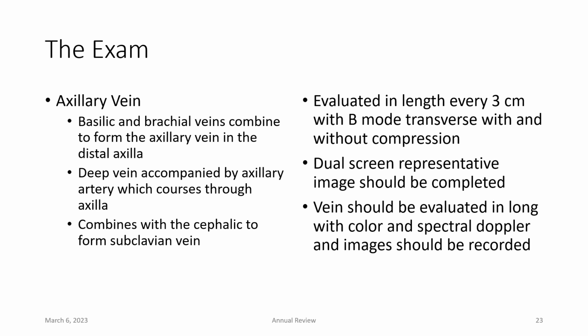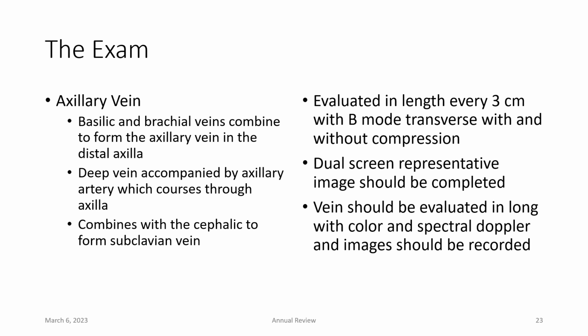Since it's a relatively short vein, depending on your site's protocol, you can probably take one representative image of this axillary vein, but you would have to evaluate it with compressions every 2 to 3 centimeters. Once you've evaluated it and the whole thing compresses, then you can go to long, evaluate the vein in long B mode, in long with color, and then in long with your spectral.